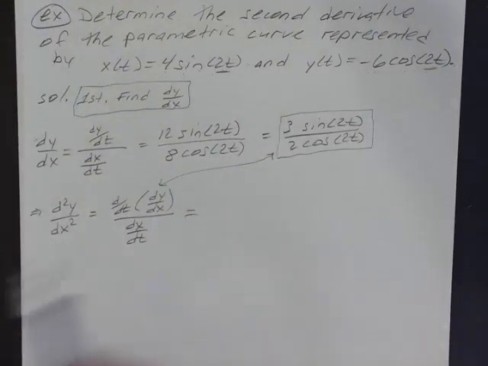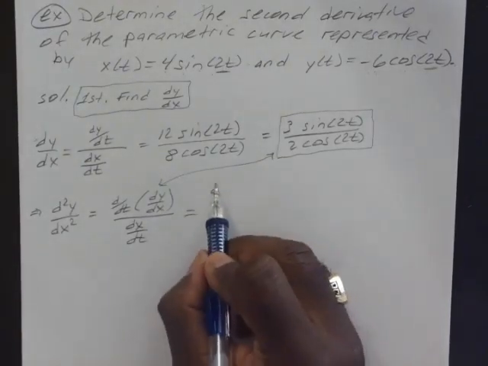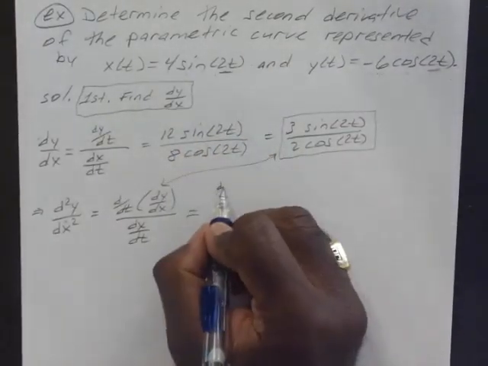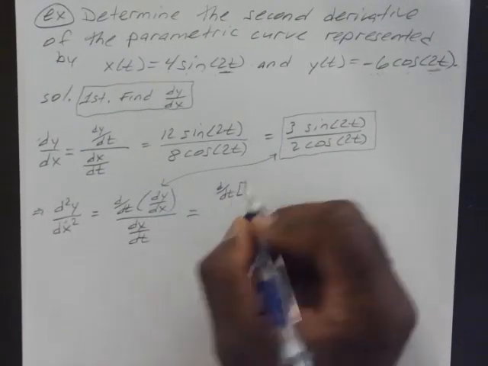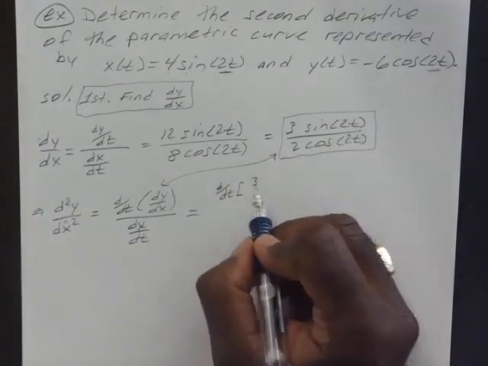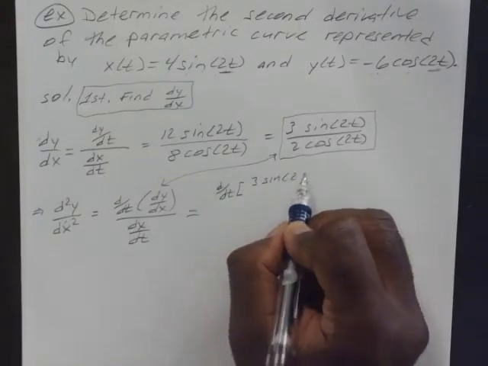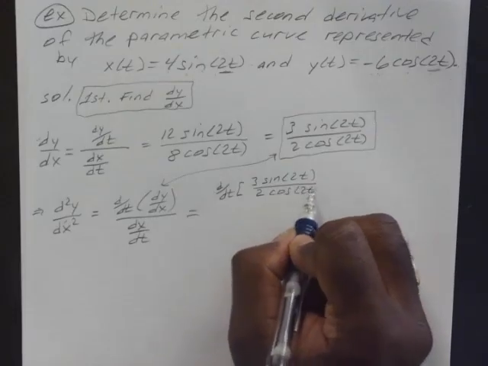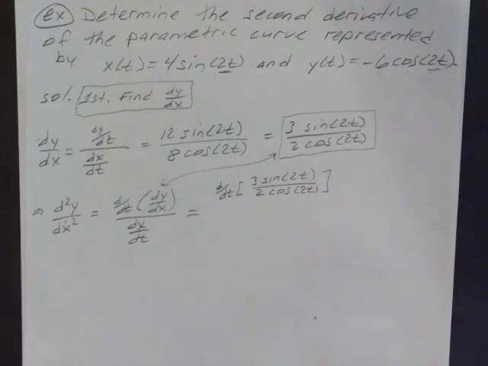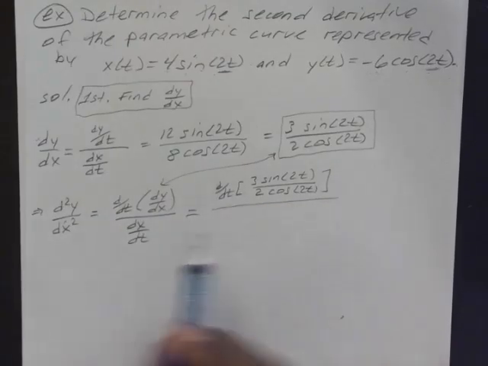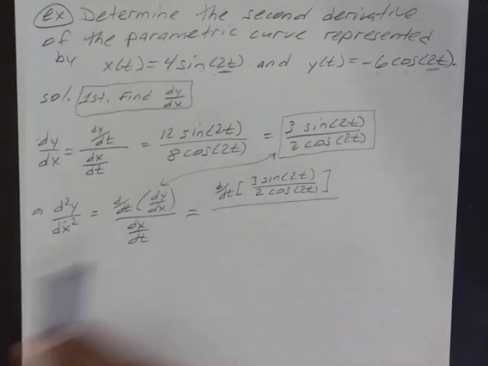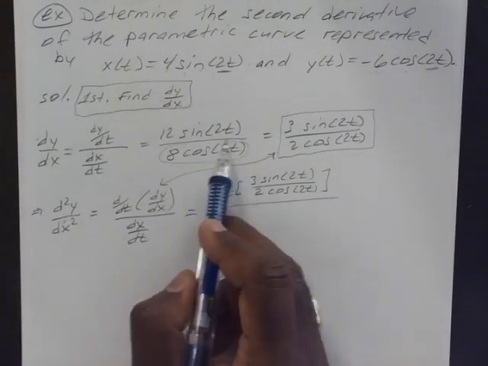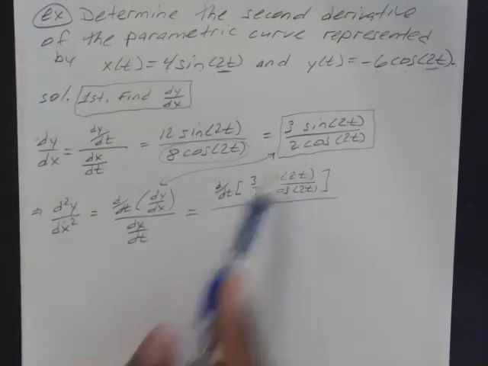So our second derivative is just equal to the derivative with respect to t of your dy dx, which is 3 times sine of 2t divided by 2 times cosine of 2t. And that divided by your dx dt, which is 8 times cosine of 2t. Because remember, we have to look at the original value of dx dt before we simplify it.